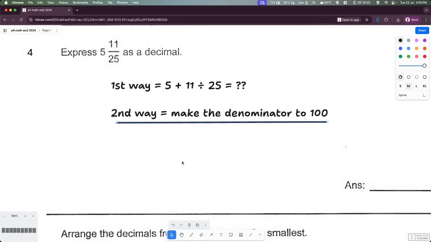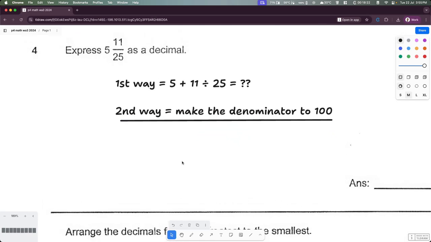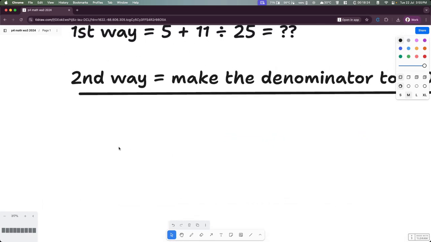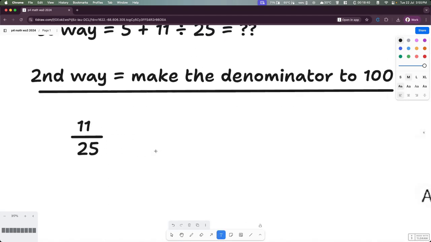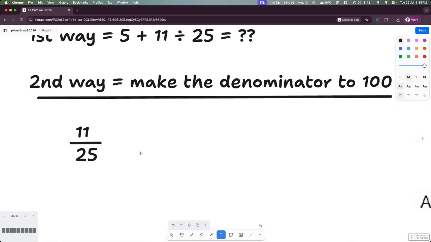Okay, so I prefer, I think you guessed it, the second way, because this is much easier. Okay, so in this case, what we can do is we will just put in here 11 over 25. Okay, so 11 out of 25, I'll put a line here. Okay, and then basically what we can multiply to make the denominator 100. So in this case, let me just make this a bit bigger.